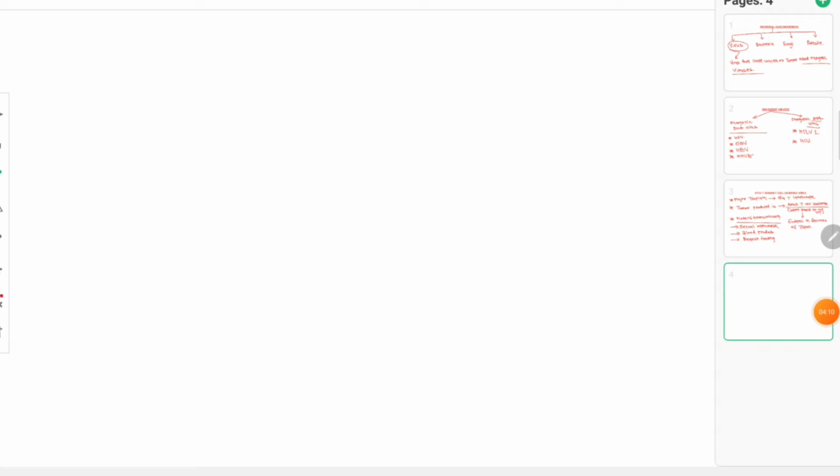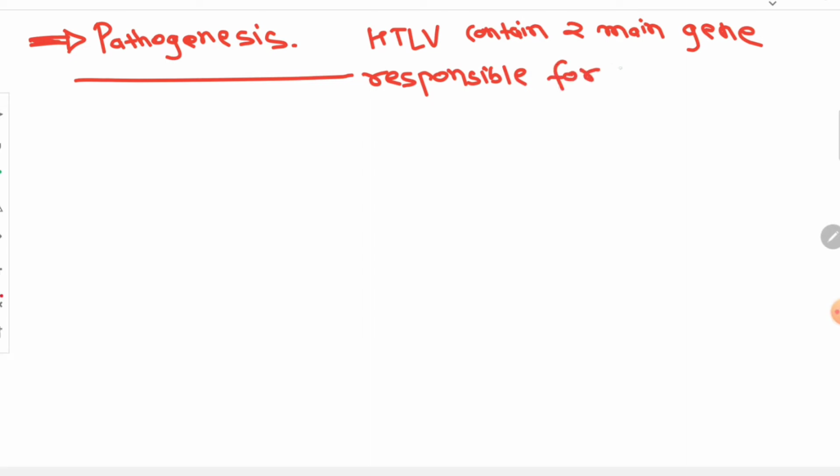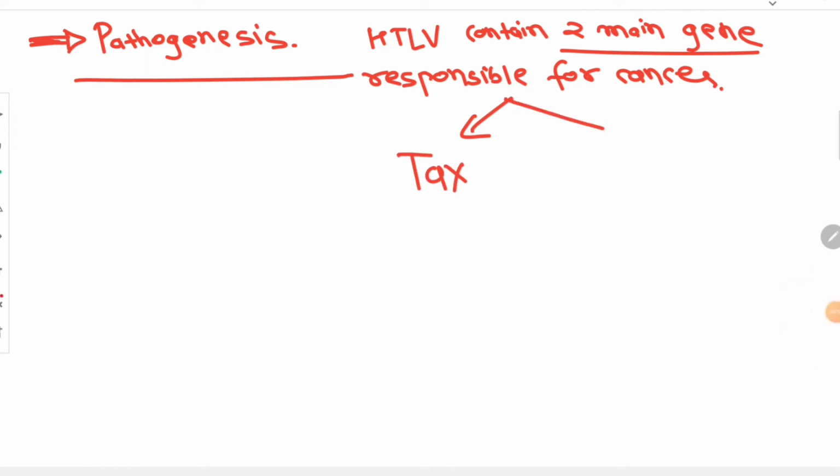Now let's understand how HTLV causes cancer: the pathogenesis of HTLV-induced neoplasm. Remember that HTLV virus is a retrovirus. It has the gag, pol, and envelope genes, but additionally it contains two main genes responsible for causing cancer: the TAX gene and the HBZ gene.